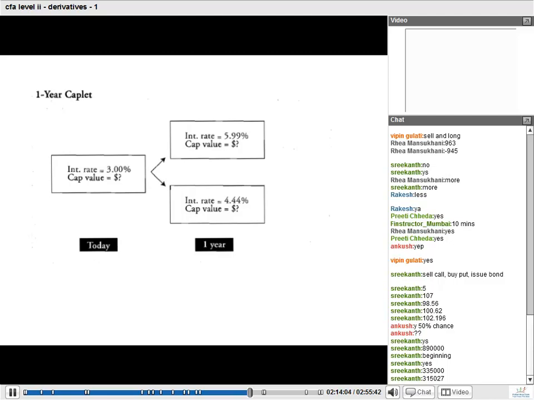So that was how we valued the 2-year cap. We'll give you the answer in a second.